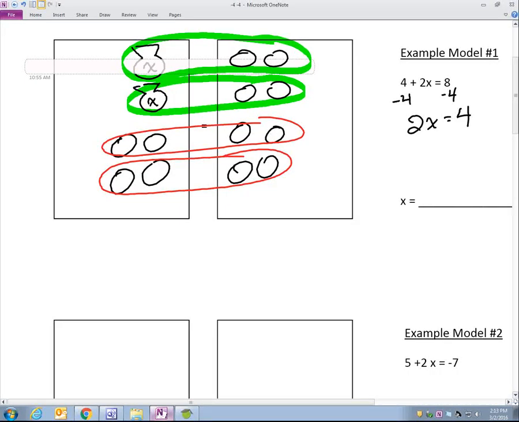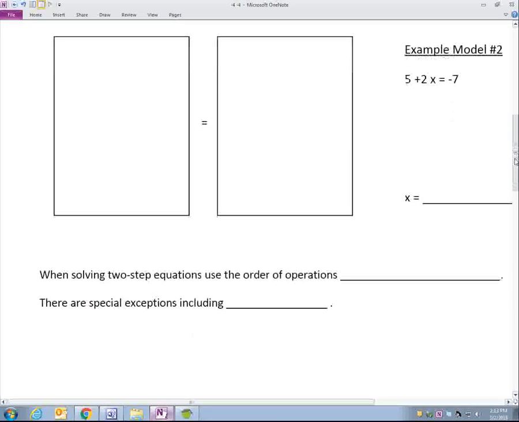So we have 8, and then we divided them into 2 different groups, so we divided by 2. Right? And how many in each bag? 2. There are 2 in each bag.